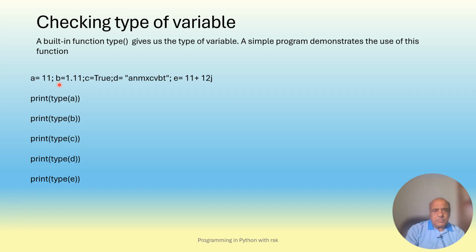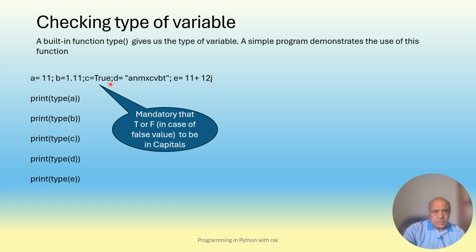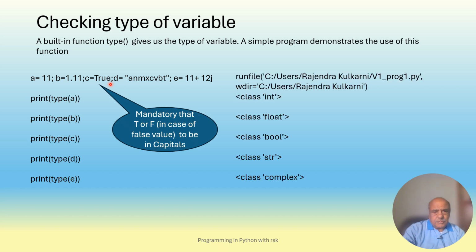Similarly, B will be a float variable, C will be a bool variable, D will be a string variable, E will be a complex variable. So all these print type statements will display the type of the variable that the variable name is referring to. Here A, B, C, D, E are the names of the variables.